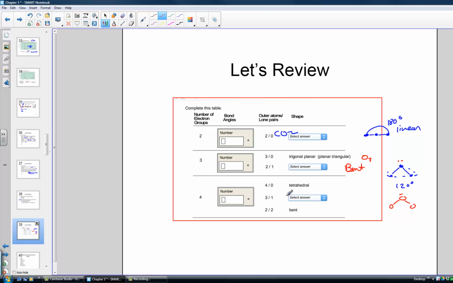If we have 4 domains, we have 3 different geometries. If all 4 are bonded, remember this, if we had something like methane, CH4, it was called tetrahedral. If we removed one of those and we ended up with a lone pair on top, we now call it trigonal pyramidal.